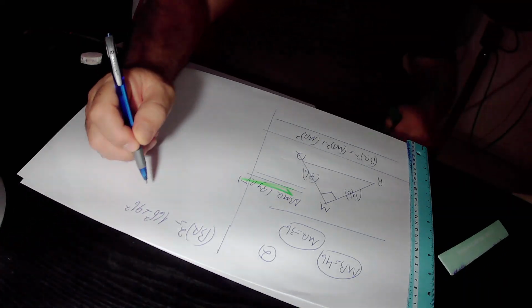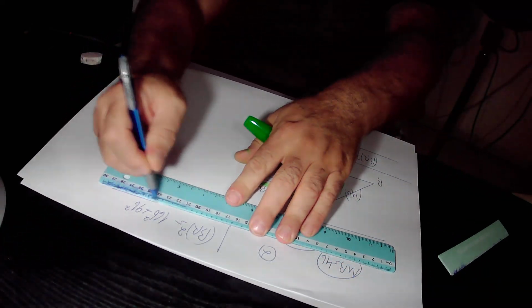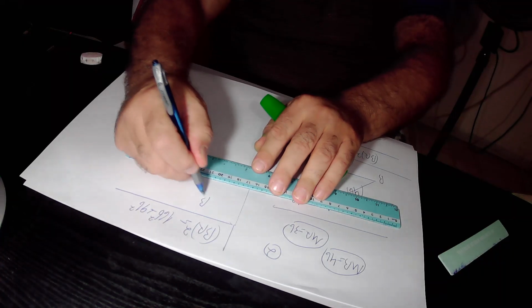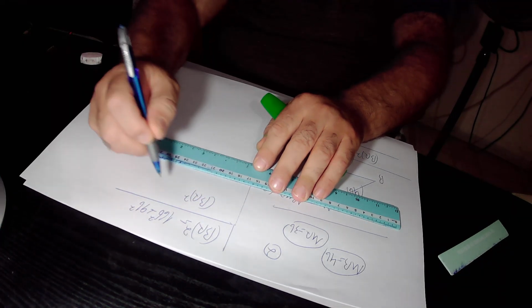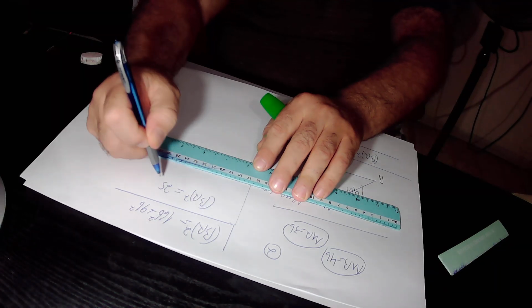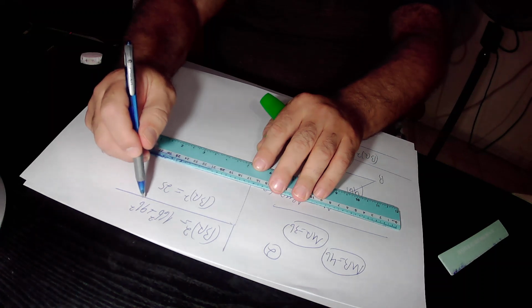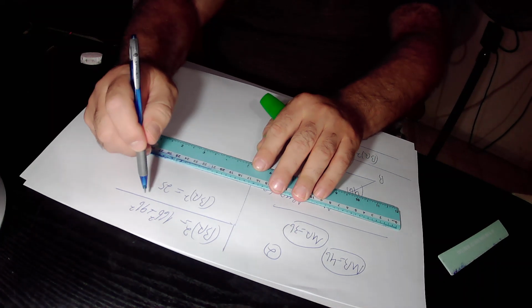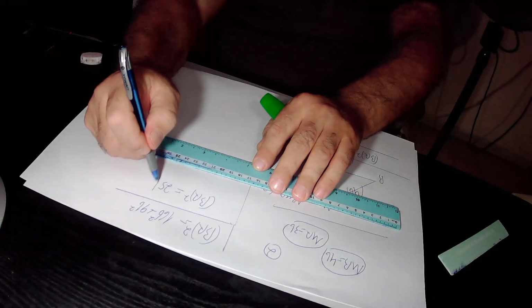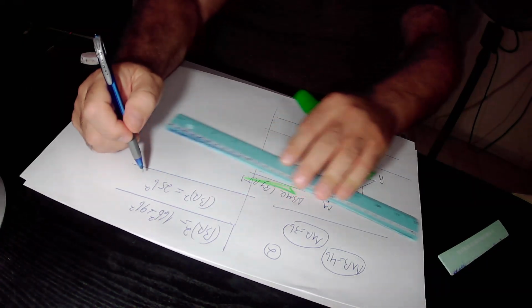So in total we found out that BQ squared equals 16B squared plus 9B squared. 16B squared plus 9B squared is 25B squared. So in total we found out that BQ squared equals 25B squared.